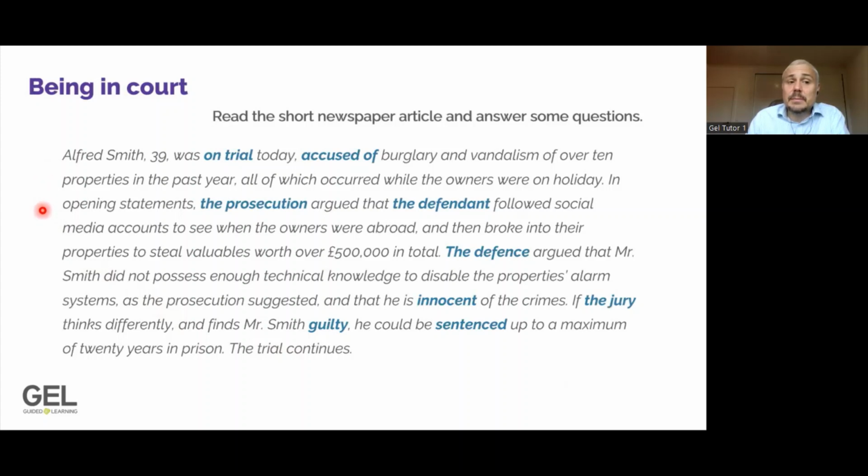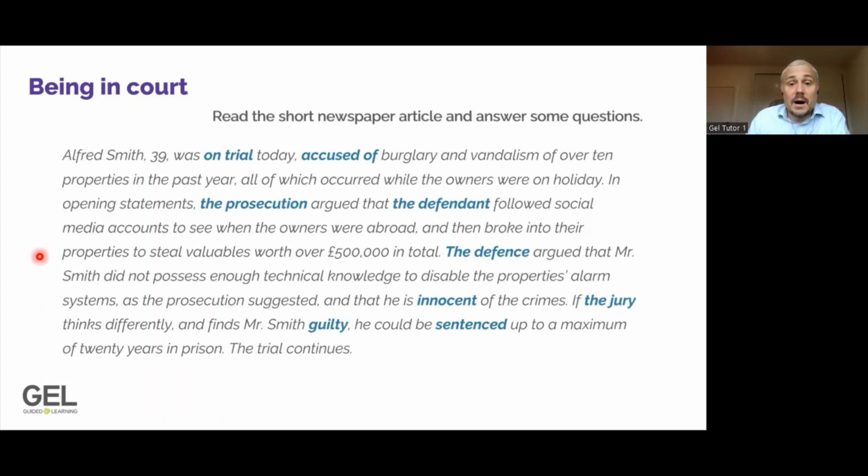In opening statements, the prosecution argued that the defendant followed social media accounts to see when the owners were abroad and then broke into their properties to steal valuables worth over £500,000 in total.